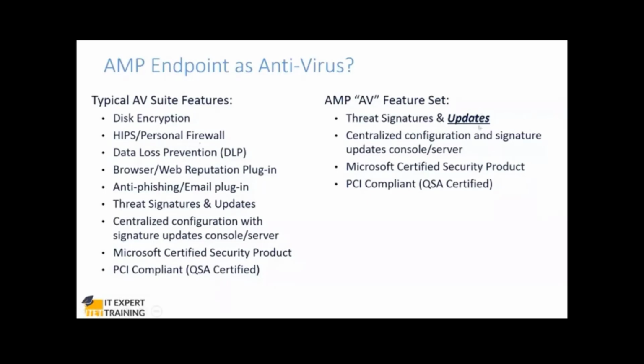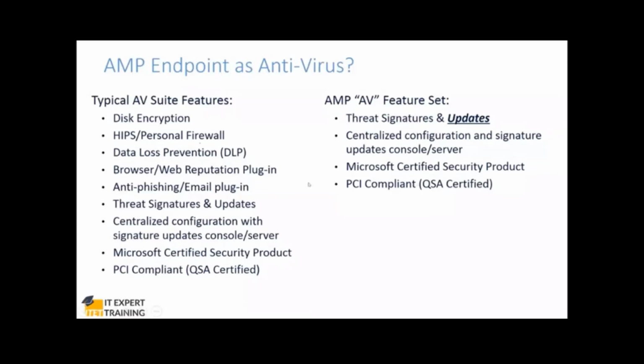The typical antivirus suite has the update feature, but it is not very frequent. If you have a corporate laptop with McAfee installed, this corporate McAfee software will get updates from the local server, and the local server will get updates every day, night, and so on. But with this one, if you have this software installed in your system, it will directly go to the cloud and get updates, and your response time is very fast.